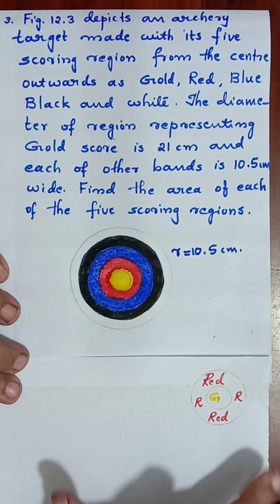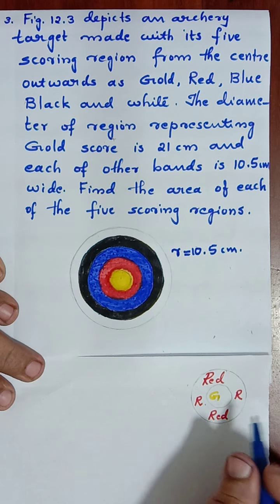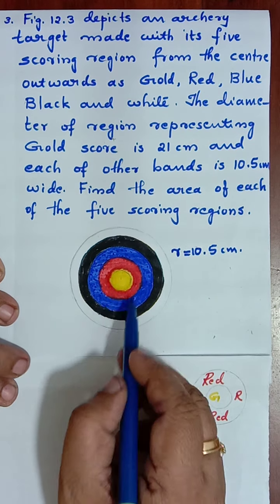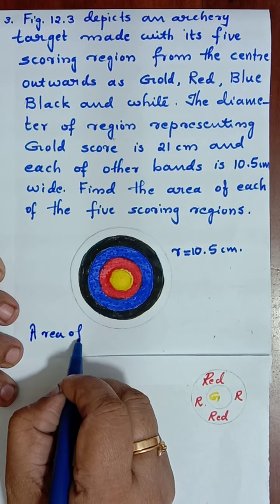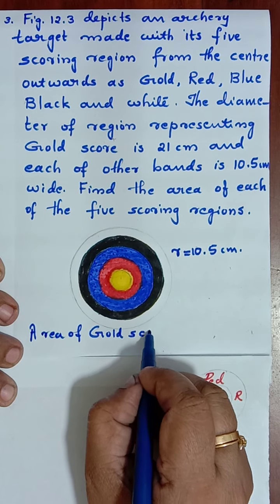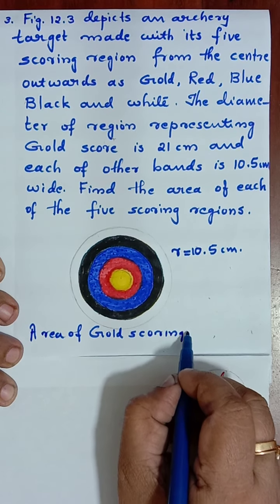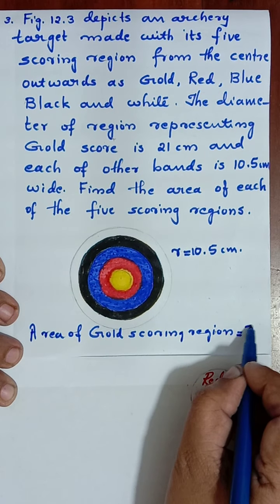First, the radius of the gold area we know as 10.5 centimeter. Therefore, its area, it's a circular shape, we can write area of gold scoring region equal to pi r square.